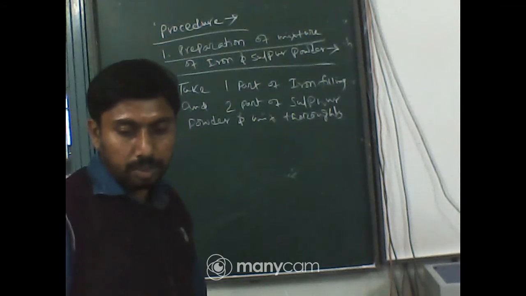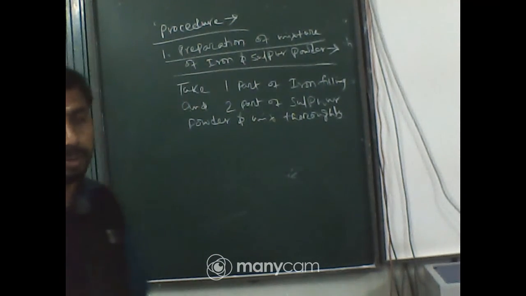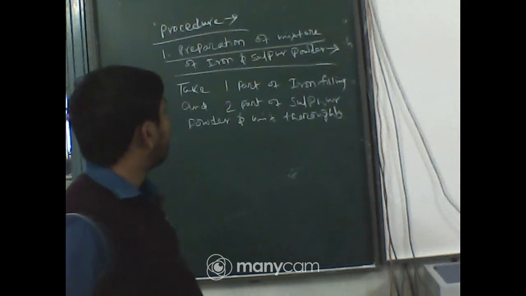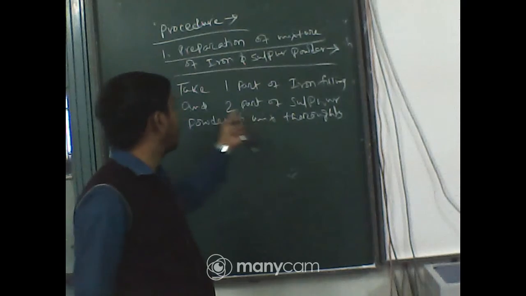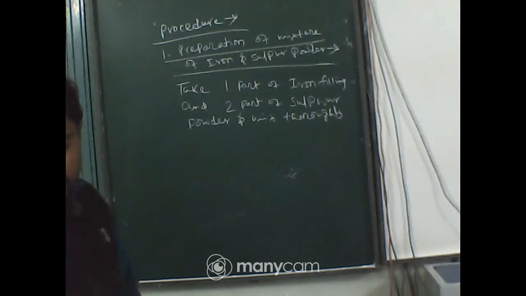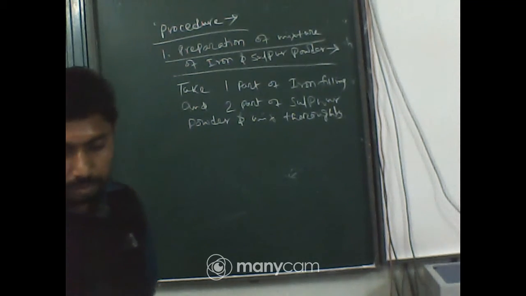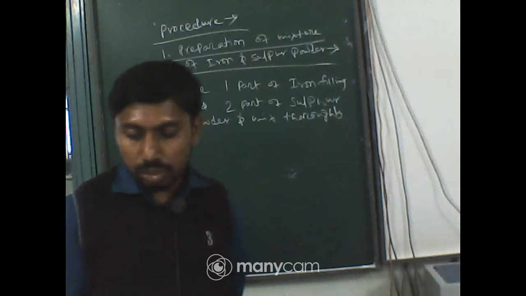Now, there is some difference. Last class I told you a pinch, and there will be no problem if you write pinch, but here one part means, if you take 10 gram, then 2 parts will be 20 gram. This is 1 part and 2 parts. On the next day we will continue the preparation of the compound. Why is it 1:2?